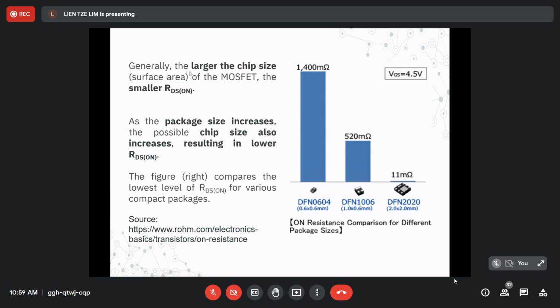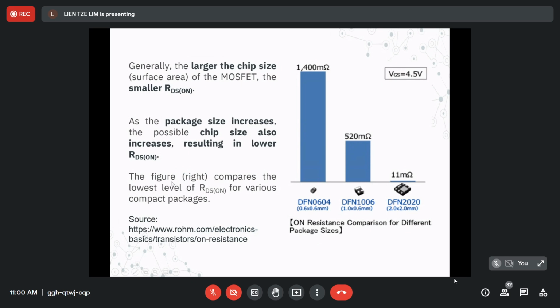Generally, the larger the chip size of the MOSFET, the smaller the on resistance. As the package size increases, the possible chip size also increases, resulting in lower on resistance.